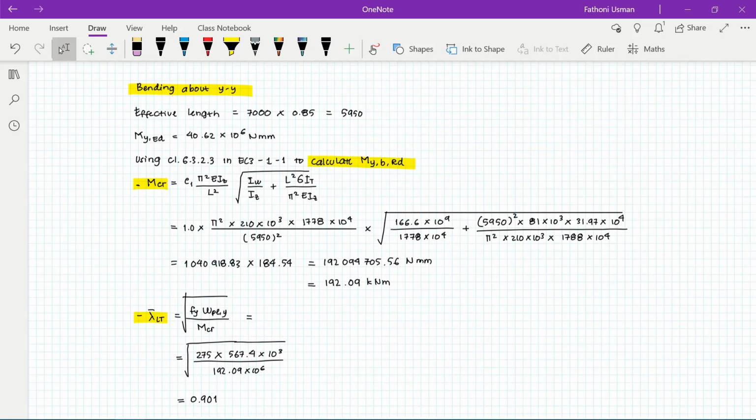Bending about y-y axis, the effective length about y axis, since the shape is like this, when it is subject to bending about y axis, and it is subject to bending moment, then in theory it will be subject to lateral torsional buckling.